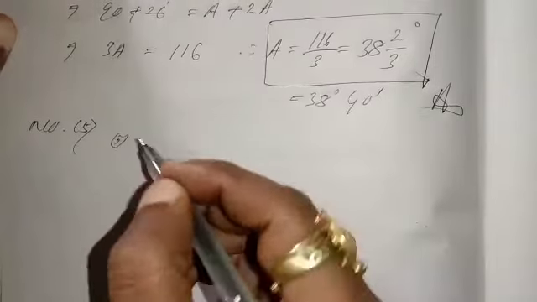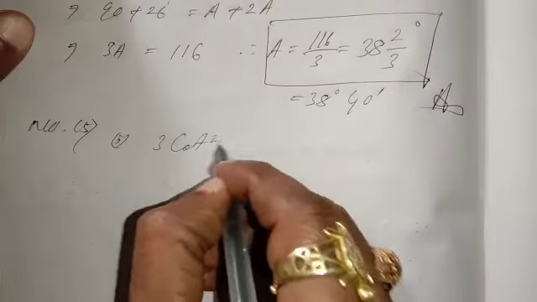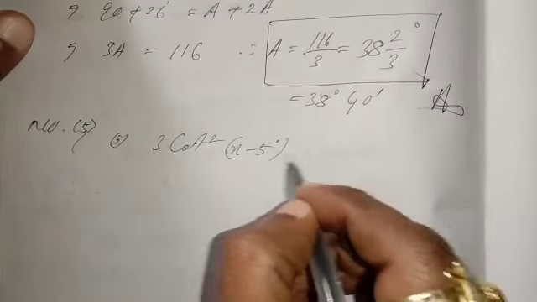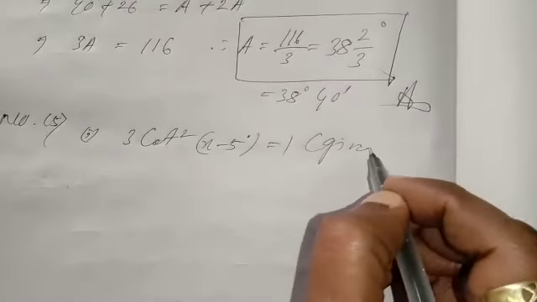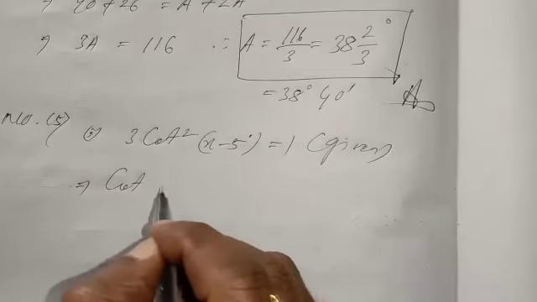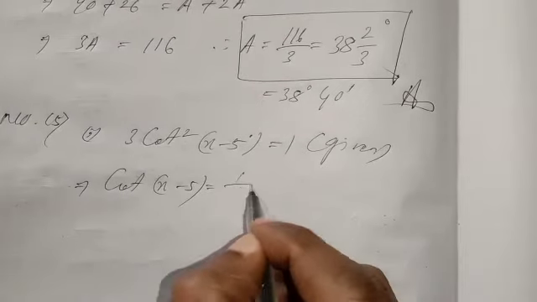What is given? It is given 3 cos square of x minus 5 degree is equal to 1, and you have to find the value of x. So this implies cos square of x minus 5 degree is 1 by 3, square root, that means 1 by root 3.